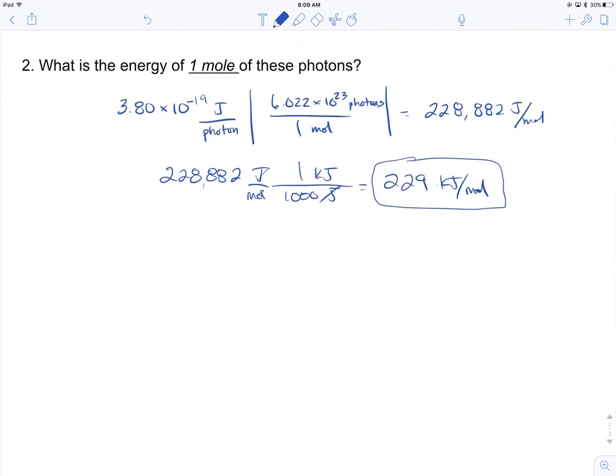We could also say the energy of n photons is equal to n times hc over lambda.